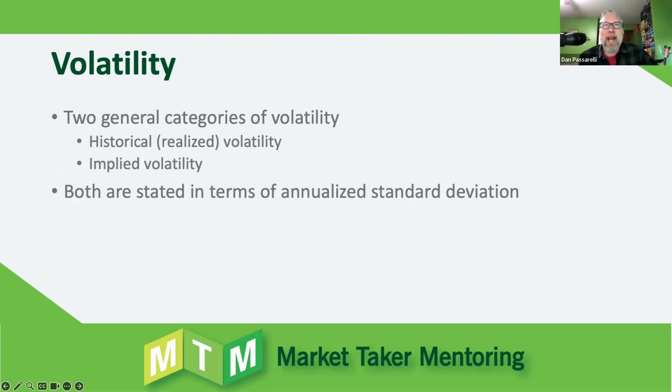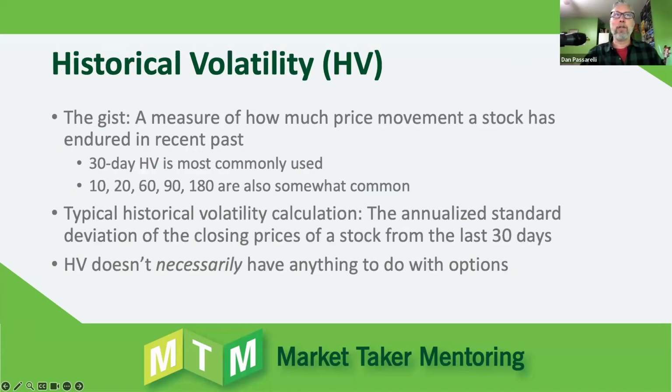There are two general categories of volatility: historical or realized volatility and implied volatility. Both are stated in the same units, which is annualized standard deviation, which is useful because it makes it easy to compare the two. So here's the gist.